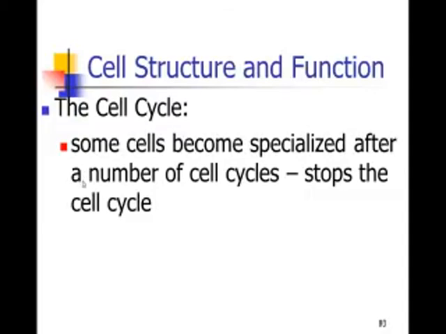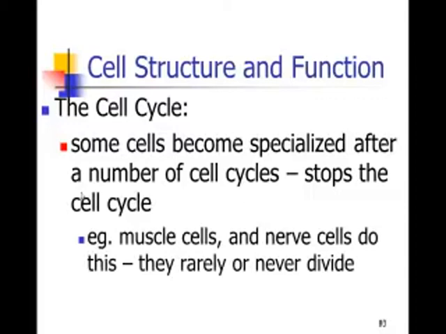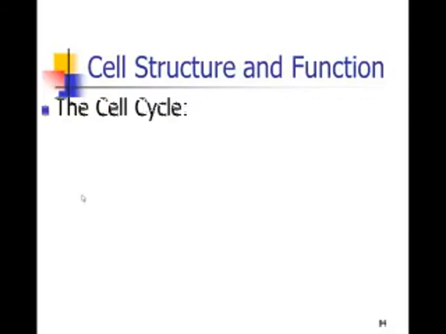Okay, so some cells become specialized after a certain number of cell cycles, and they stop dividing. Examples of those would be muscle cells and nerve cells. They either rarely divide or never divide once they've gone through a predetermined number of cycles.